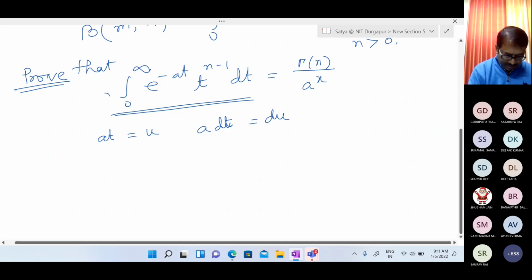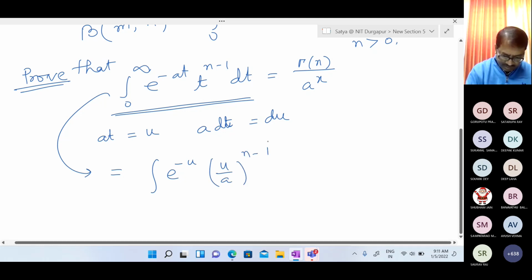So this equals the integration of e to the power minus u, t means u over a, so u over a whole to the power n minus 1, dt means du over a.